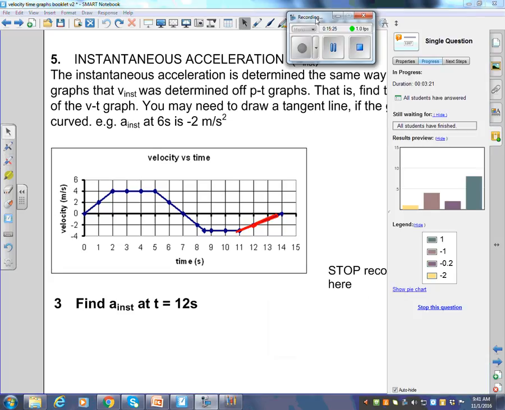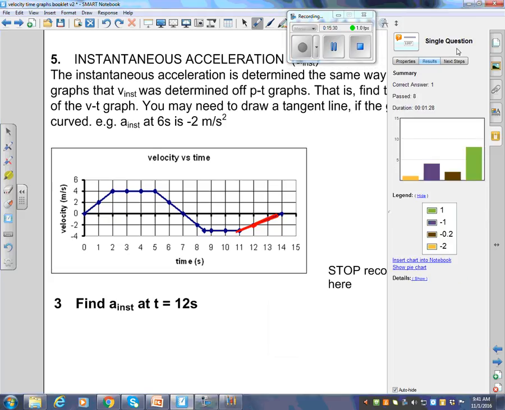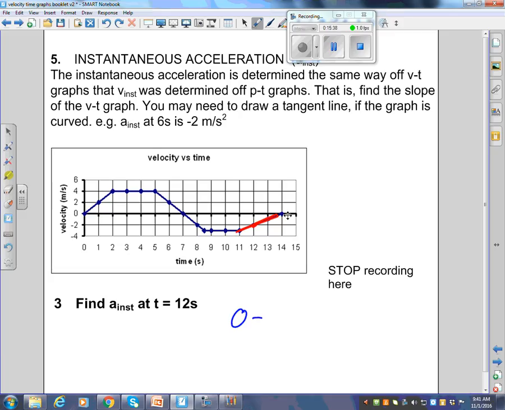Okay, well, let's do it, but I know the answer is going to be 1. How do you find slope? y2 minus y1, so that's going to be 0 minus a minus 3, which is plus 3. And your time is always positive, 14 minus 11. 3 over 3 is what?